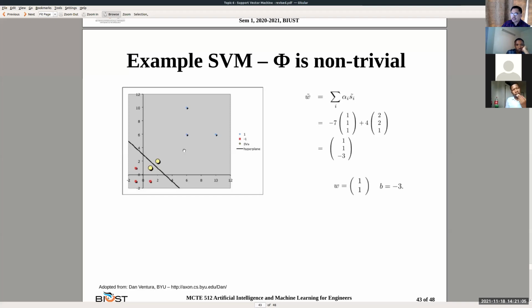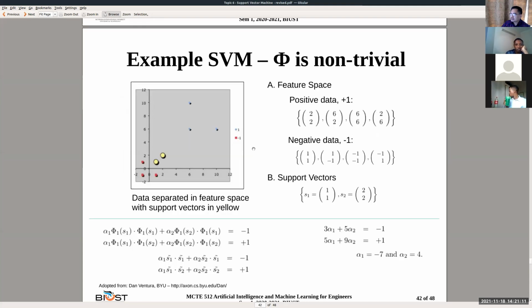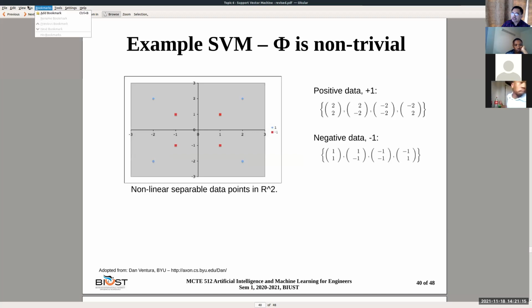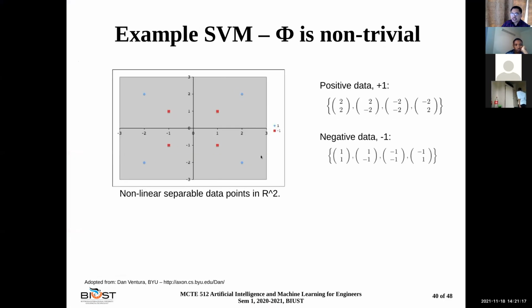So what we did previously was, in this form, this is the input space, and so there's no way we can draw a line to separate the data.